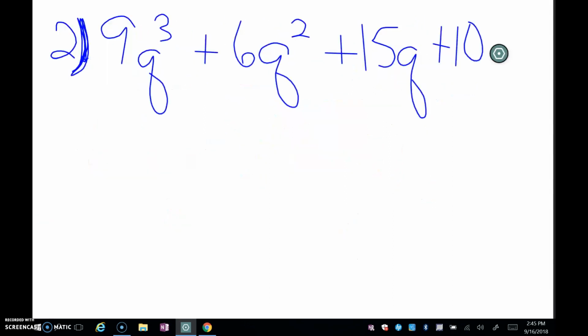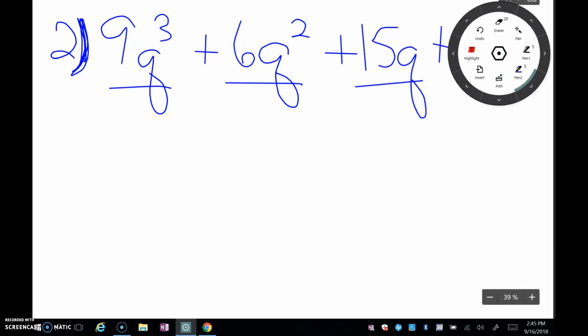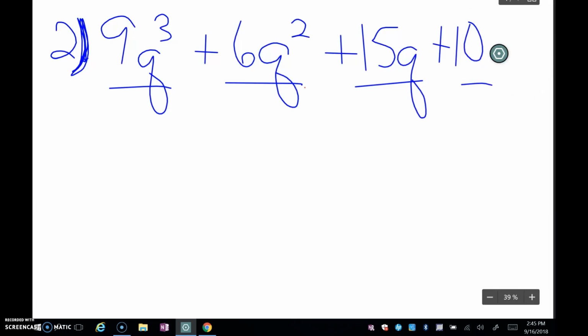For my second example, I have 9q to the third plus 6q squared plus 15q plus 10. Again, you're seeing four terms, but if I look at each term, there's no number that goes into 9, 6, 15, and 10, and they don't all have q's in them. So unlike the first problem, I don't have a GCF for all four of them. So what I now do is I look at pairs.